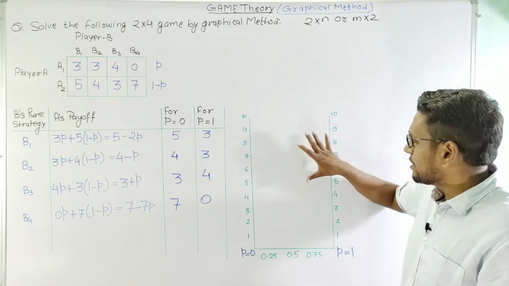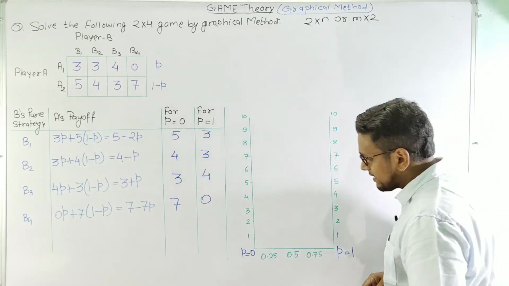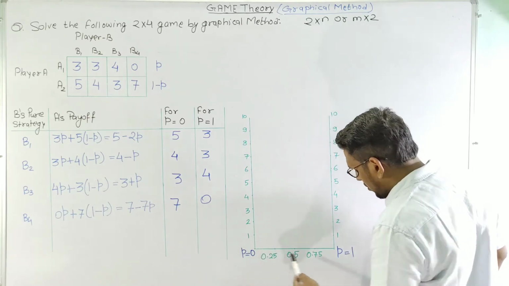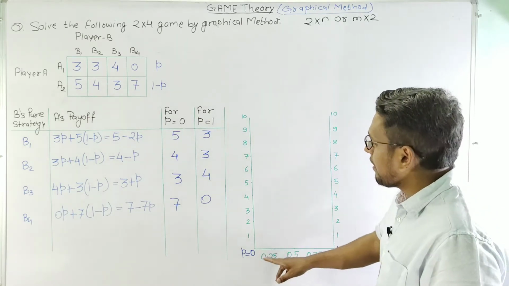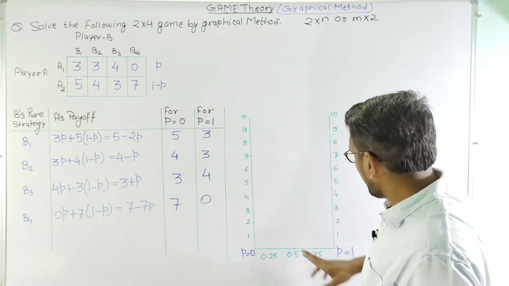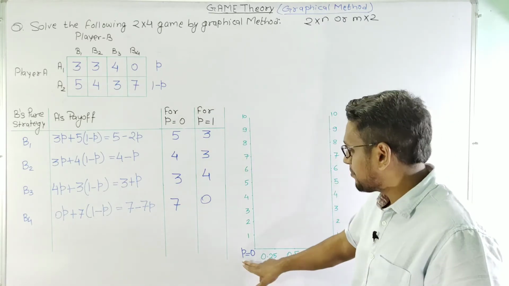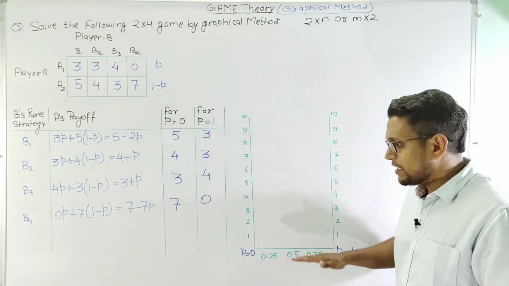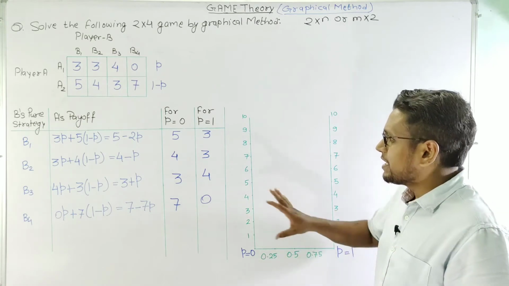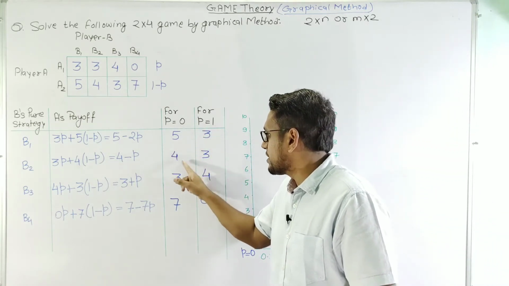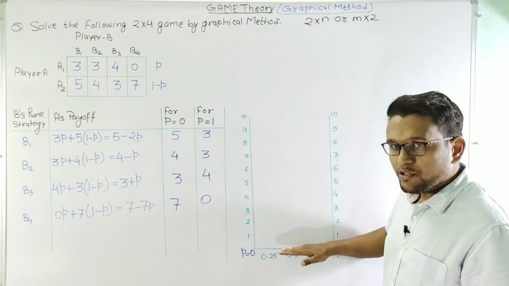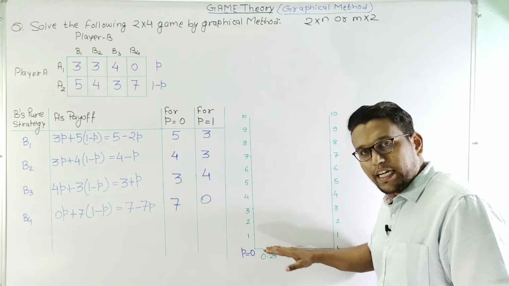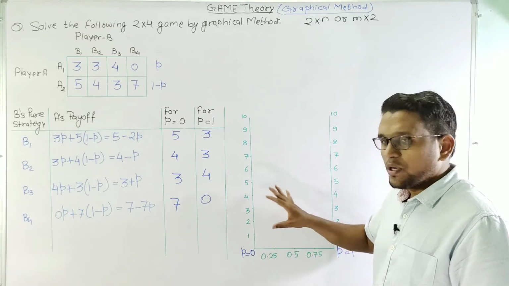So this is the graph we need to draw here, and we can see that in the x-axis we have probabilities from 0 to 1, and in the y-axis we have values from 1 to 10 on both the sides at p equal to 0 and at p equal to 1. We can also have negative values in the y-axis, but here in our problem we are having only positive values, so that's why I have only drawn the upper half. But if negative values exist, we can draw them in the y-axis and join the graph.